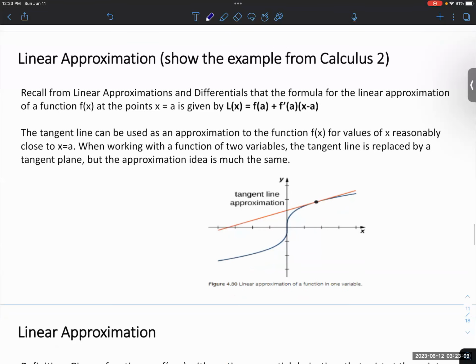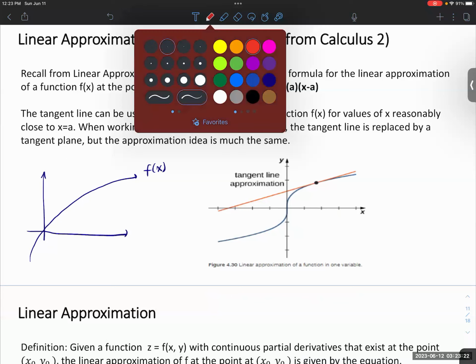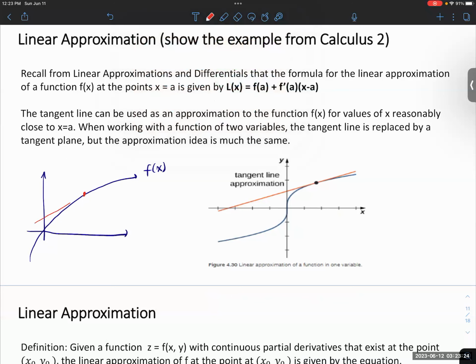So what is a linear approximation? Let's remember a little bit of the background from Calculus 2. Let's say I have a function, and then let's say you found the tangent line right there. This is a tangent line, y equals mx plus b.